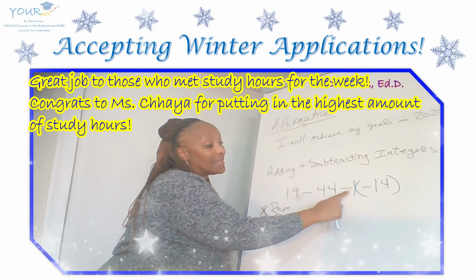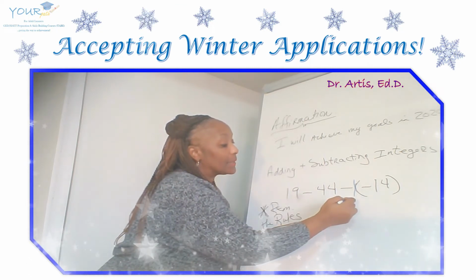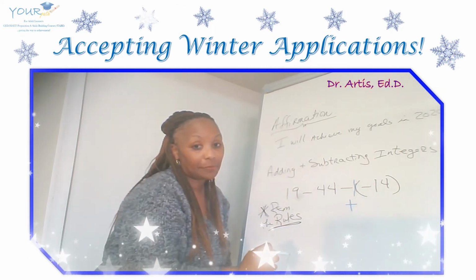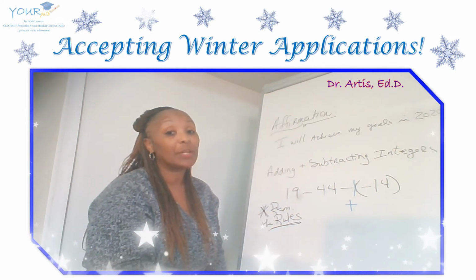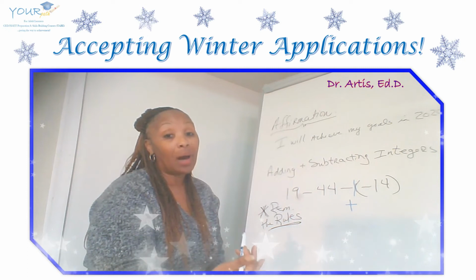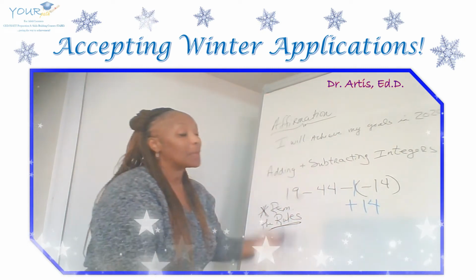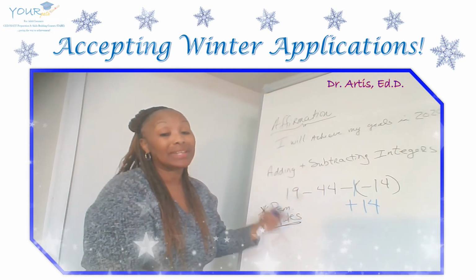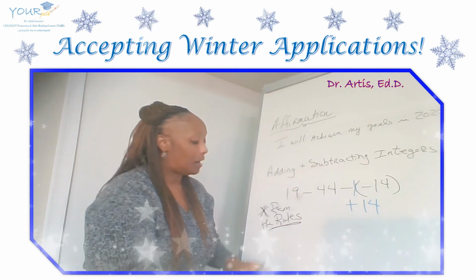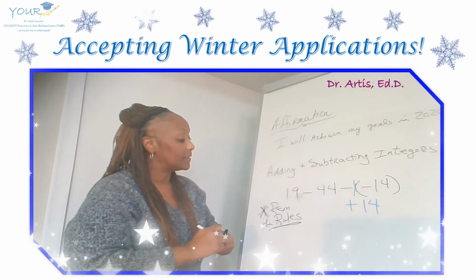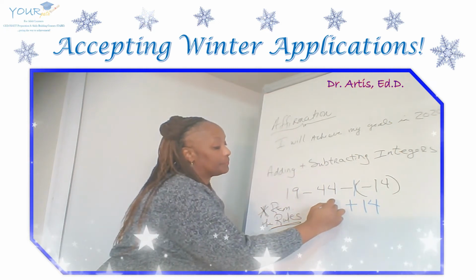But because we have a negative here and a negative here, it's automatically going to give us a positive 14, because a negative times a negative, the rule is that it gives us a positive. So here we have a positive 14 because 1 times any number is that number, and in this case it's the number 14. All right, so once we've done that, we can now bring down our other integers.